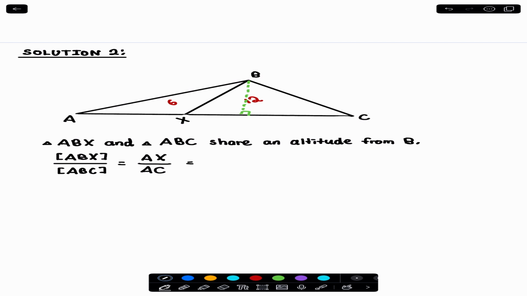The area of triangle ABX is 6, and the area of triangle ABC is 6 plus 12, which is 18, so 6 over 18. That's the same as 1 over 3. So as a little aside, let's write that. AX over AC is 1 over 3.